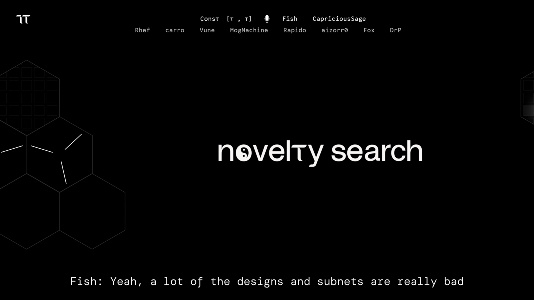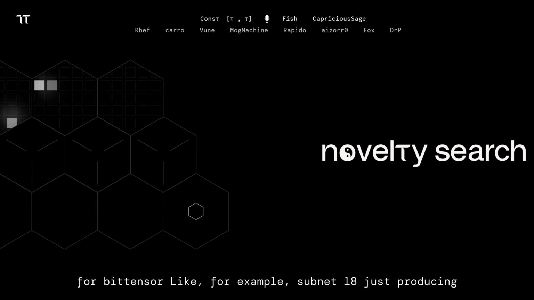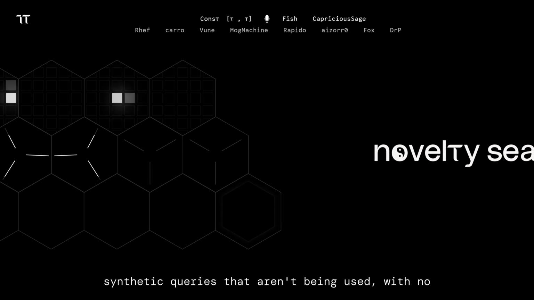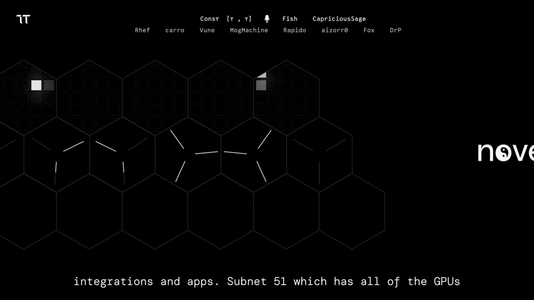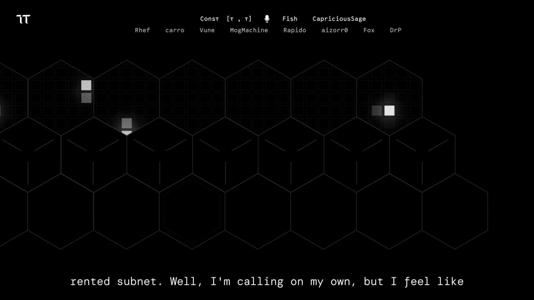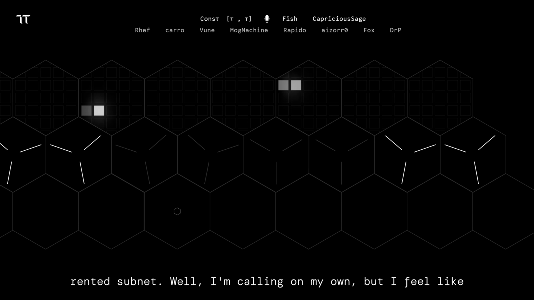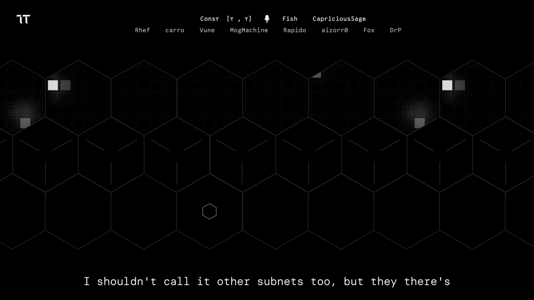Yeah, and a lot of the current designs of subnets are really bad for Bittensor. For example, Subnet 18 just produces synthetic queries that aren't being used, with no integrations in apps. Subnet 51 has all of the GPUs available, but only a small percentage is actually rented. Subnet, well, I'm calling out my own, but I feel like I shouldn't call out other subnets too.